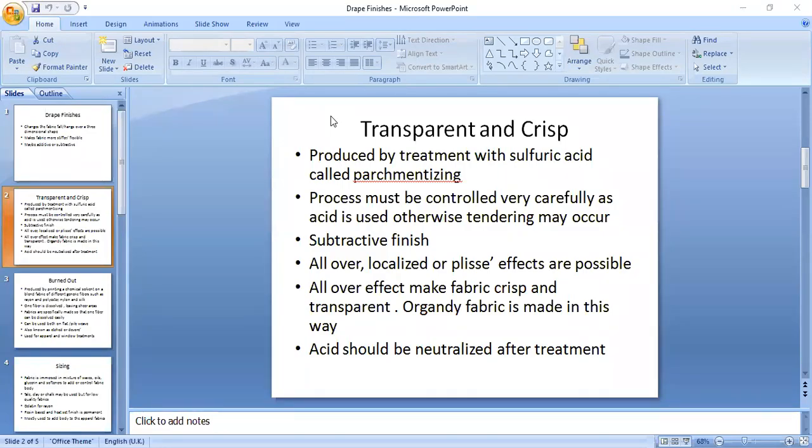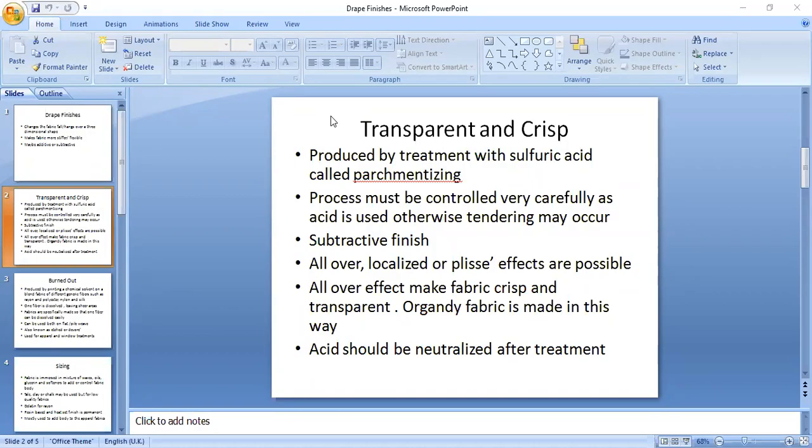Of course, whenever we use acids during the finishing processes, it must be neutralized. So here in parchmentizing, the acid which we used is sulfuric acid, and now we should neutralize the fabric with the weak alkali, then wash and calender to improve surface gloss.